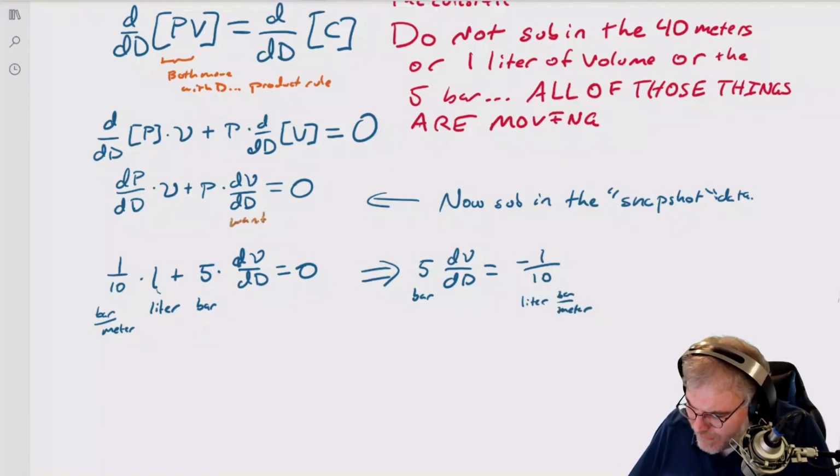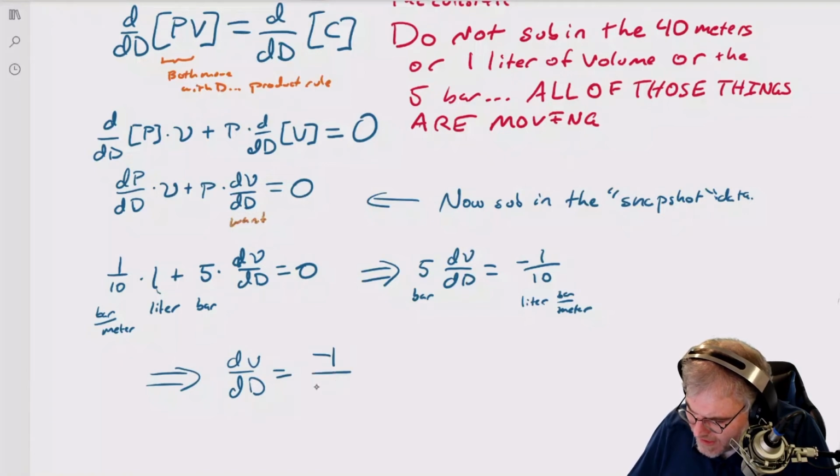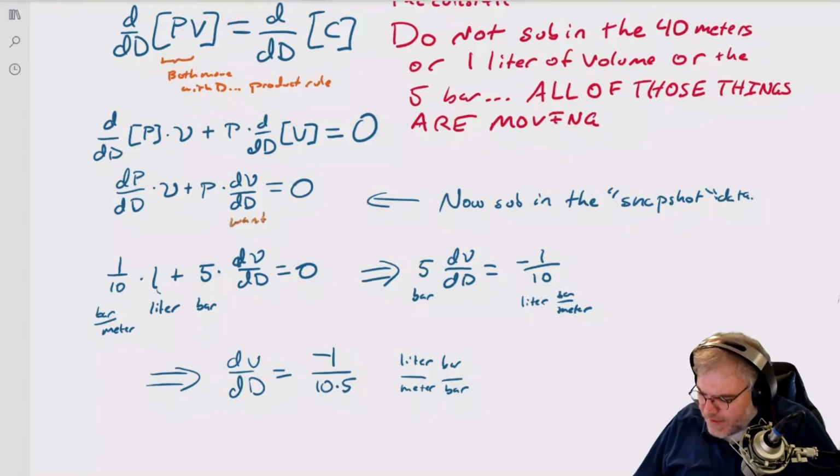And I'm going to divide both sides by the 5 bar. I wind up with dV over dd equals negative 1 over 10 times 5, liter bar over meter bar. The bars will cancel, and I will get my liter per meter of depth right here.